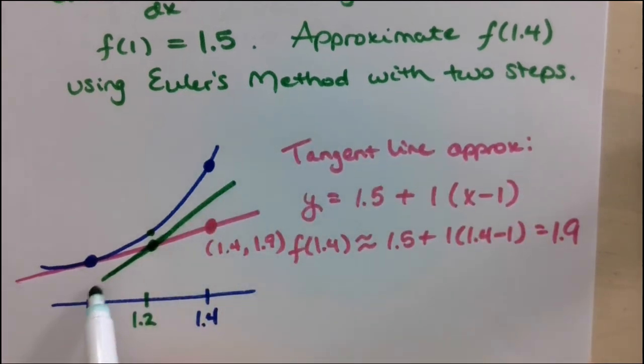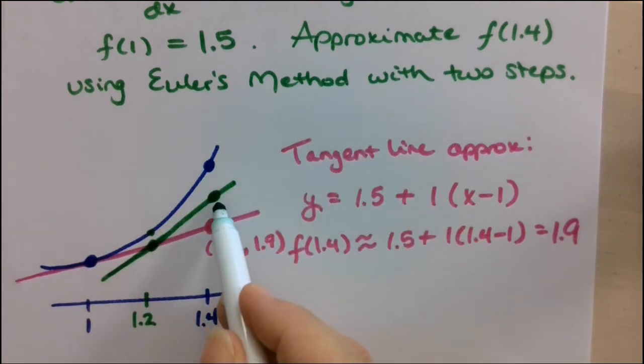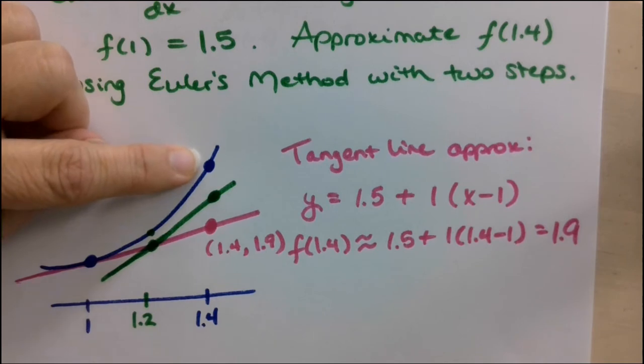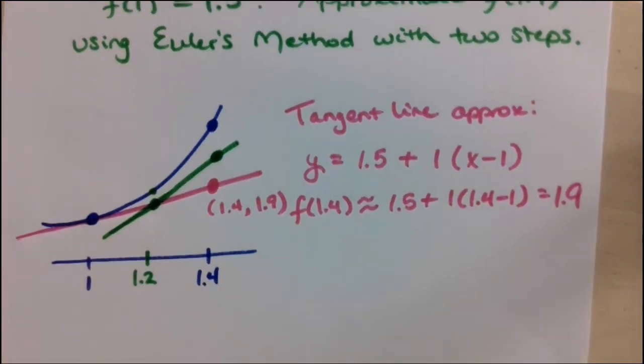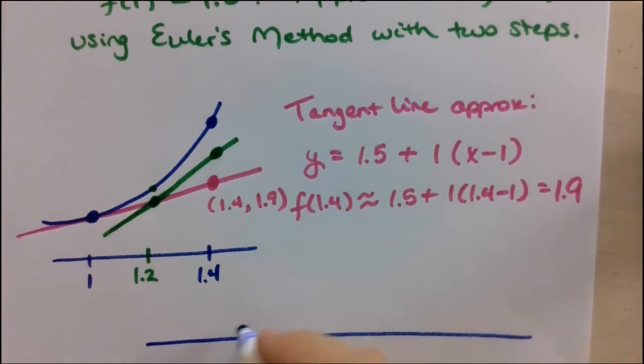And if I plug in 1.4 to that line, that's going to give me the coordinates of this point, which you can see is much closer to the actual value that I'm interested in. So how do we get to this point? Well, I'm going to set up a table here.